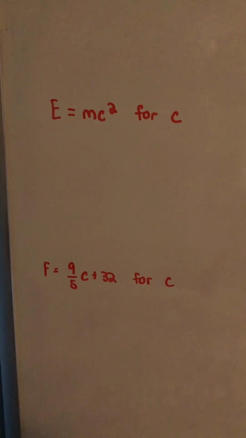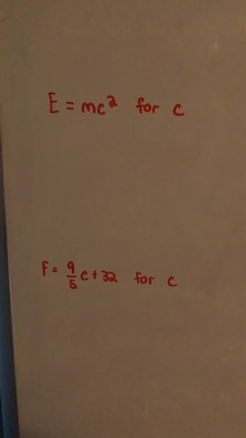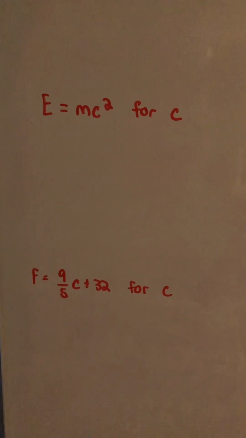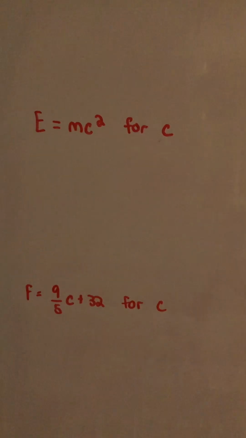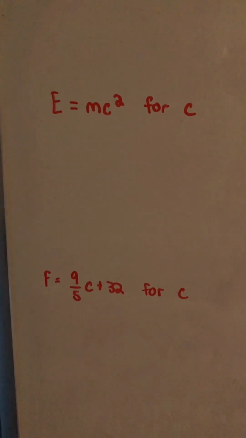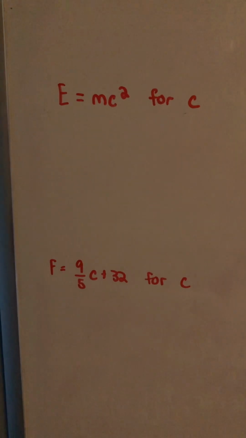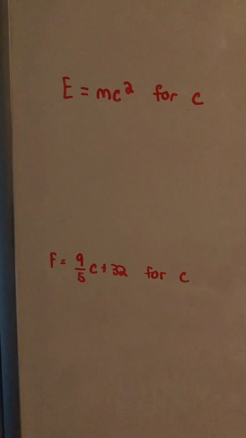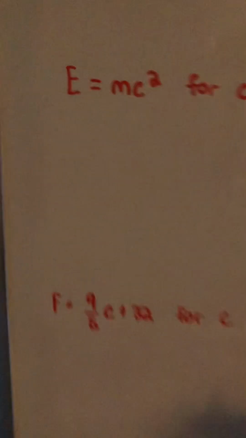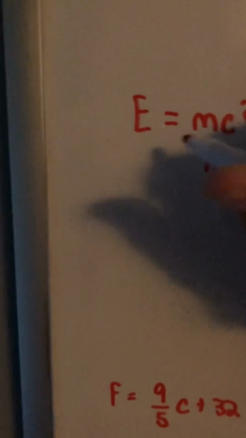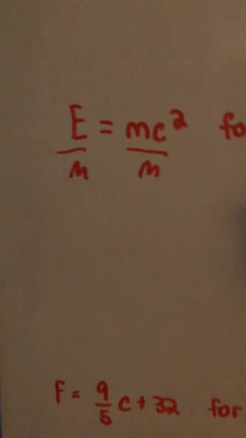Number 5, E equals mc squared, solve for c. How would we solve for c in this equation? Notice how we've got c squared. We can't just divide each side by it and then have c squared on one side of the equation, so I'm going to do a couple more steps. First, I'm going to divide each side by m, so I can get c squared on one side of the equation.